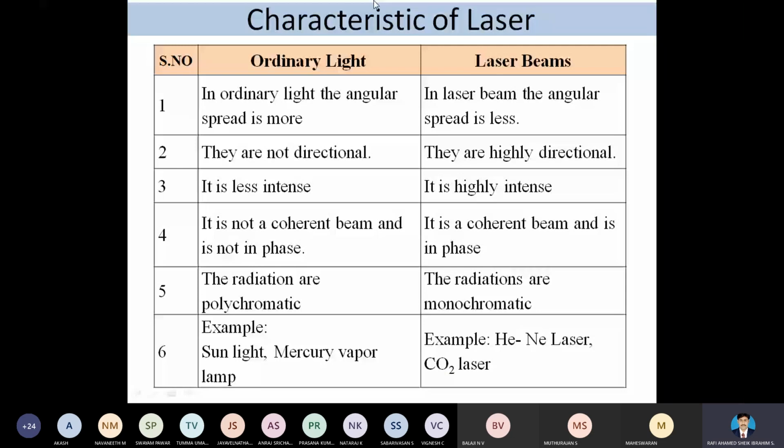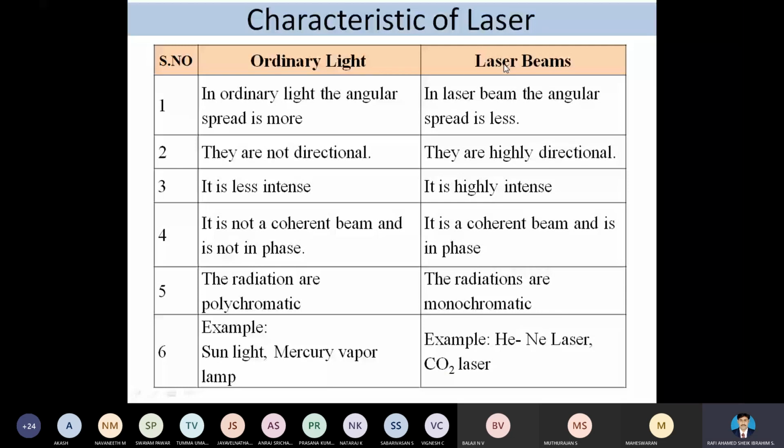The mercury vapor lamp is white in color, and the sodium vapor lamp is yellow in color. So we can take a mercury or sodium vapor lamp, and also natural sunlight, as the best examples of ordinary light.